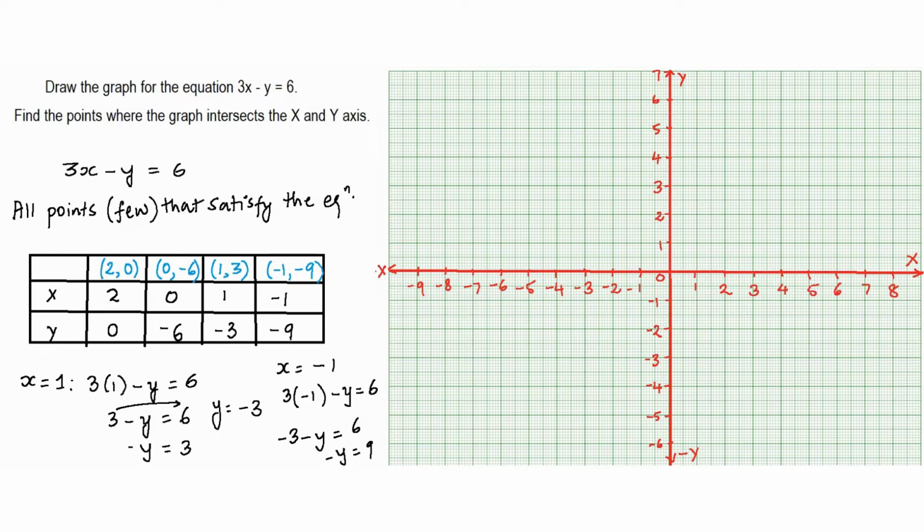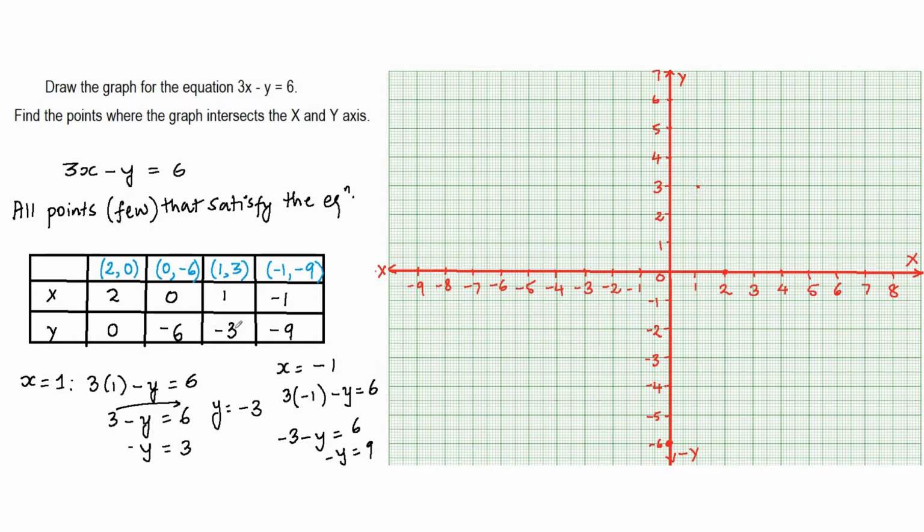Let us now plot these 4 points on the graph. 2, 0 is going to be over here. Then 0, minus 6. So x coordinate 0, y coordinate minus 6 is right over here. 1, 3, you will notice, is somewhere over here.